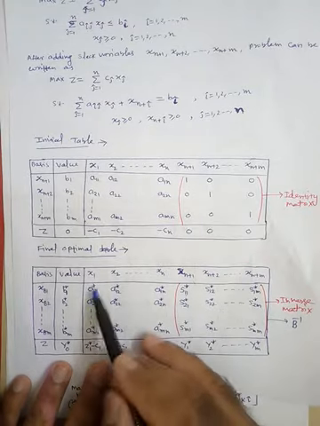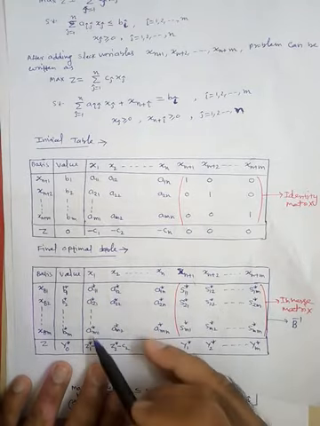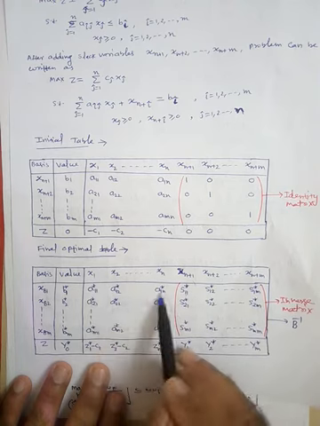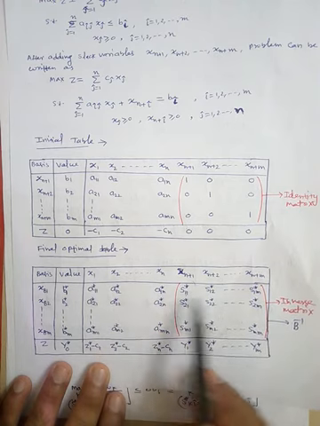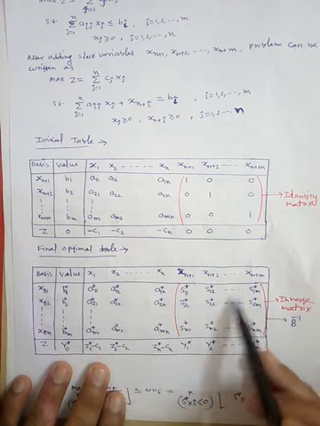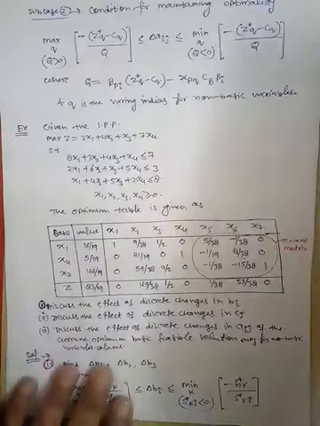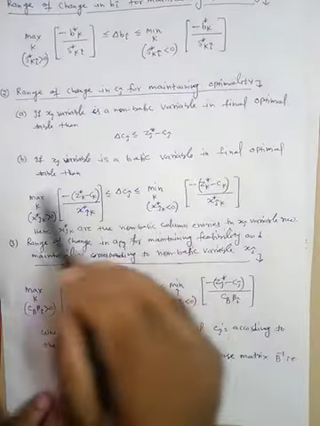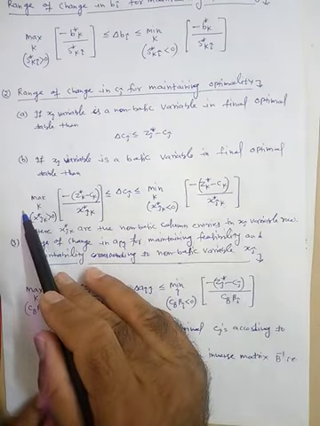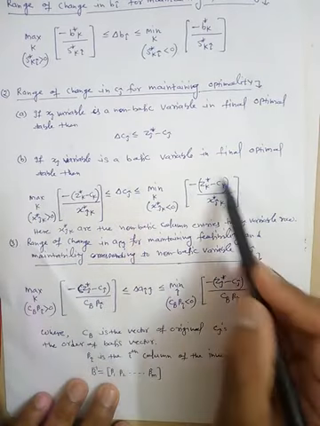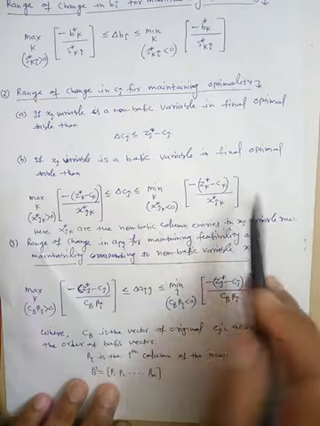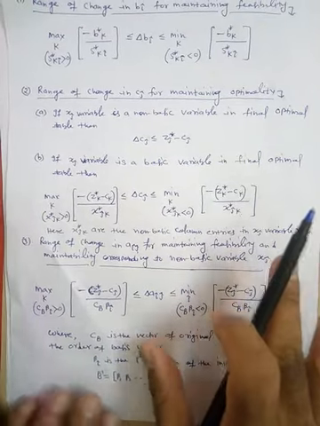We will leave out those entries which are associated with basic variables. So we will pick only non-basic variable column entries. Among all those, some are positive, some are negative. For positive entries we will construct this ratio for maximization, and for negative values we will construct the minimum ratio. This is the strategy. Fine.